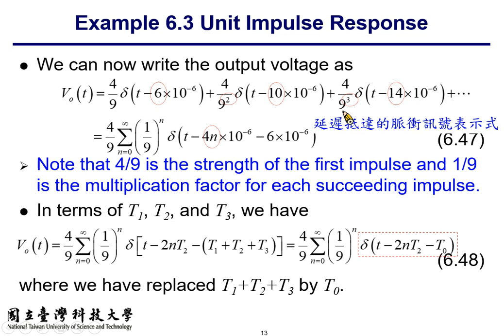Because the source signal is a delta function, the output signal will be a series of delta functions with diminishing amplitude. So you can write it as a summation of impulses reaching at 6, 10, 14, 18 microseconds. So that is a complete expression as a summation of impulse signals on the right-hand side.